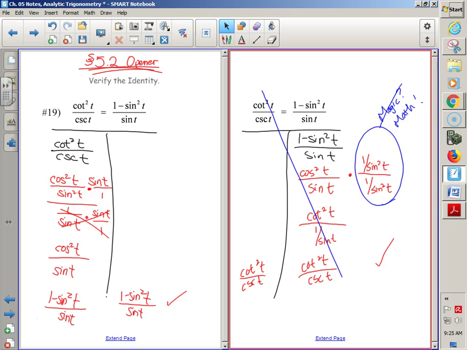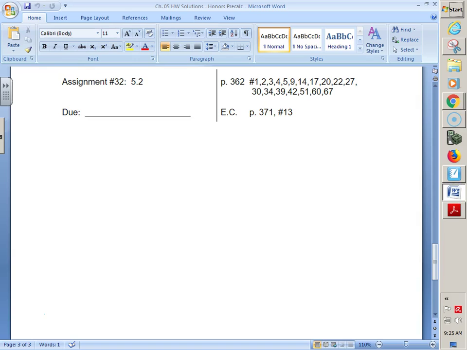Don't you know the answer? Does that make sense? Now, does that mean that you might get to this and be like, I don't know if it was legal? But would the book necessarily have had your exact way of doing it? Maybe not. So when we grade 5.2 on Monday, I'm not going to give you any even answers.